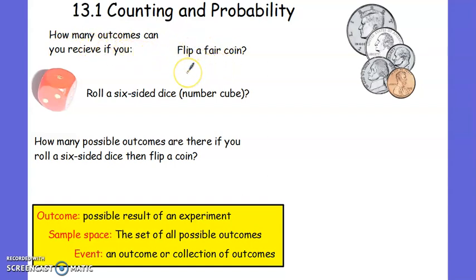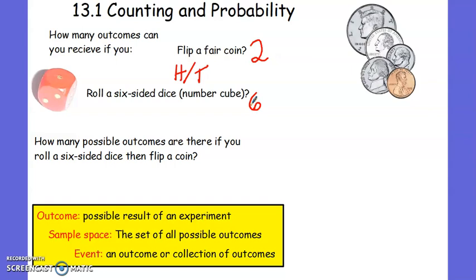Well, like we said, you can either come up heads or tails, which means how many outcomes are there? Well, technically, there are 2 outcomes. Rolling a 6-sided dice or number cube, well, it kind of says it in the name. There are 6 different things that can happen. So basically, there are 6 events available.